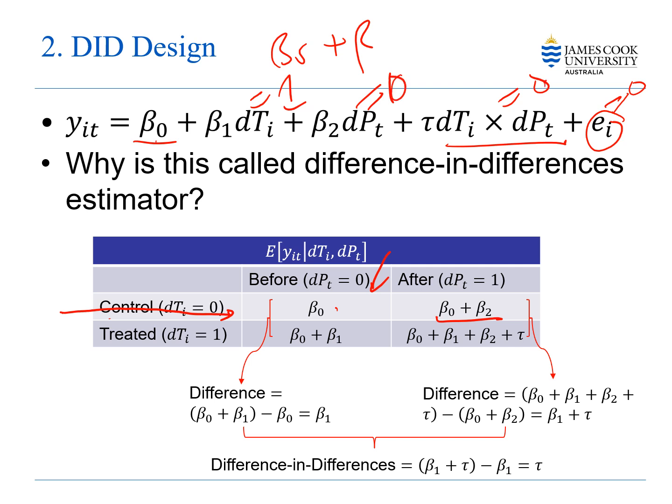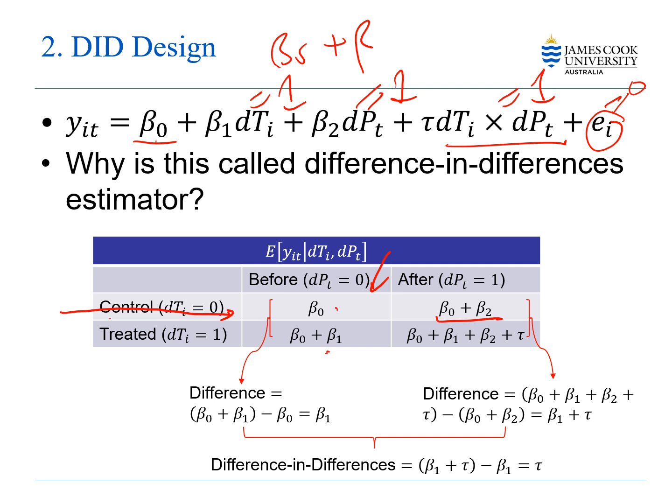So we get beta 0 plus beta 1. And for the treated group after the policy, all these dummy variables are equal to 1, so we get beta 0 plus beta 1 plus beta 2 plus tau.